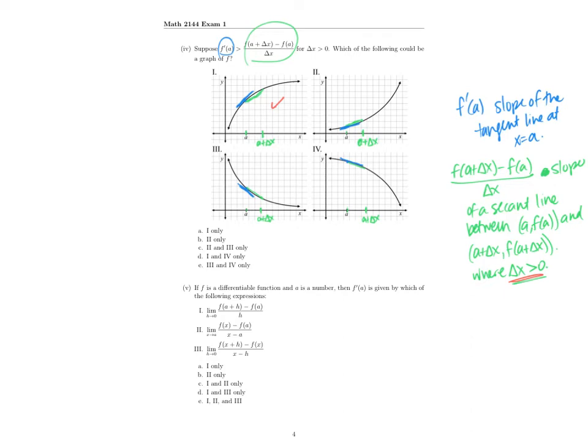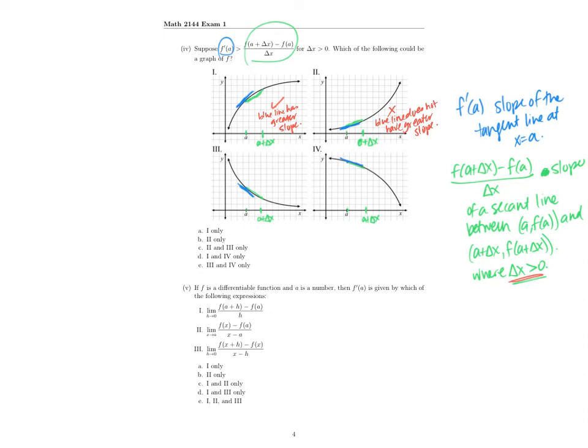So the blue line has a greater slope. So the derivative is actually greater than that average rate of change. This one is a no, because here the blue line does not have a greater slope.